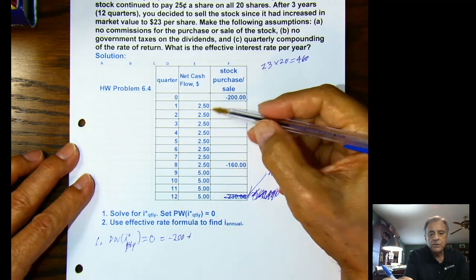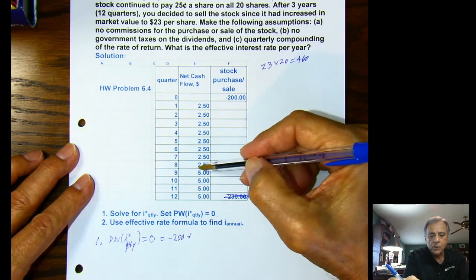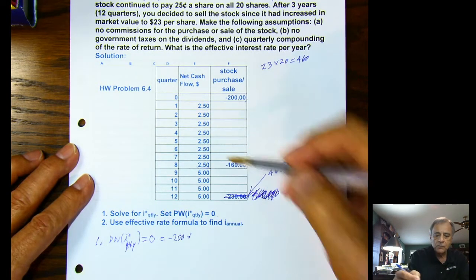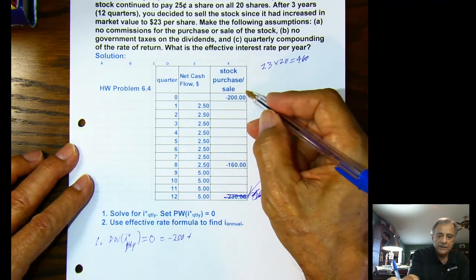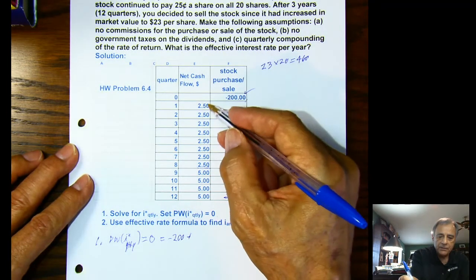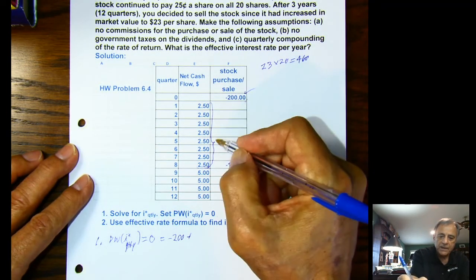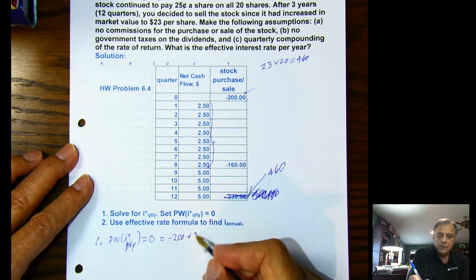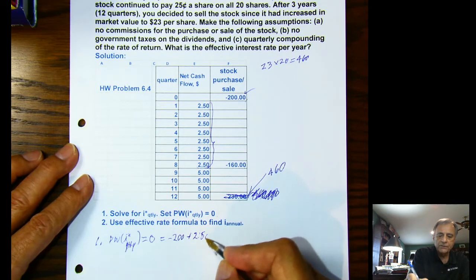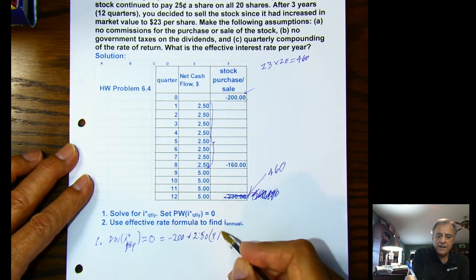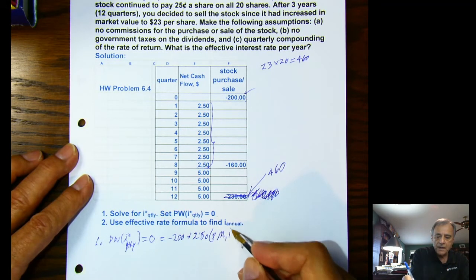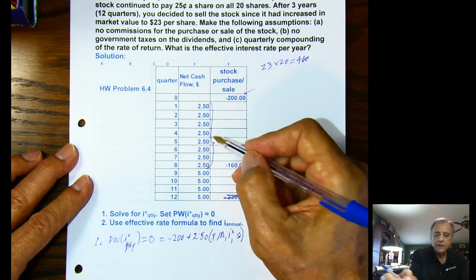Then we have a uniform series of 8 quarters here. I'm going to account for this uniform series of 8 quarters by saying that's $2.50, P given A, I star, and 8. So I've accounted for them now.